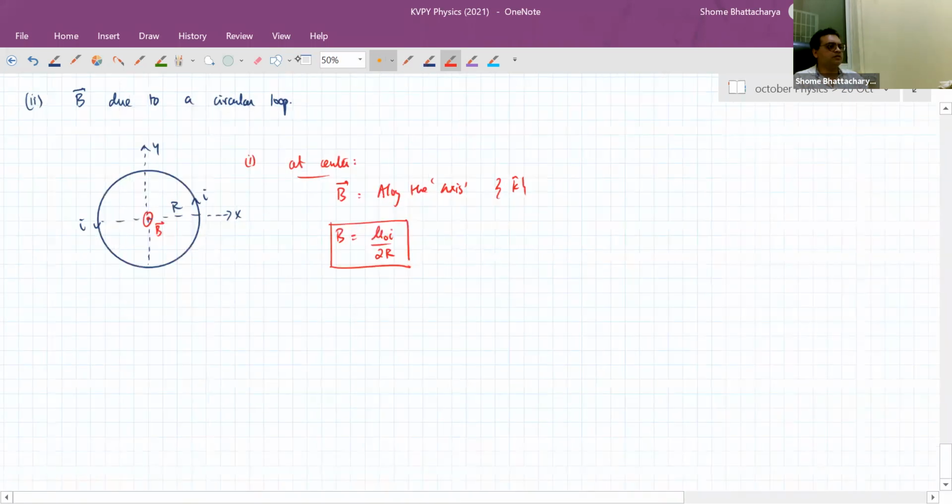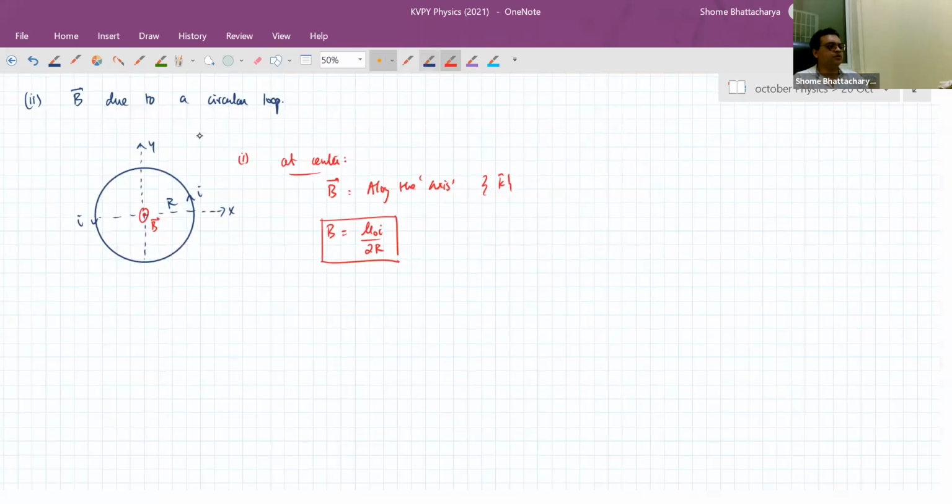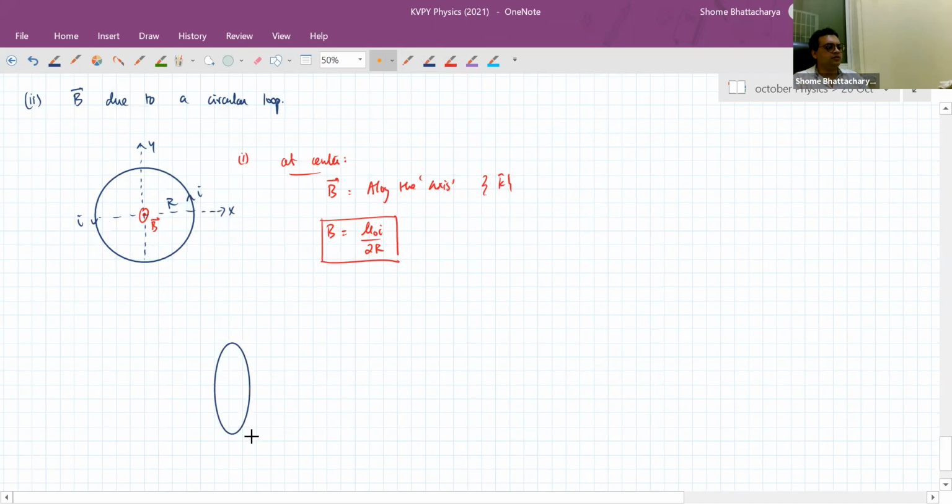Now the other thing, which we will not get into too much detail over here, because for KVPY first stage we don't need too much detail, is any point on the axis of the loop. Again, a loop is lying in the XY plane. I'm now drawing this as a three-dimensional diagram.